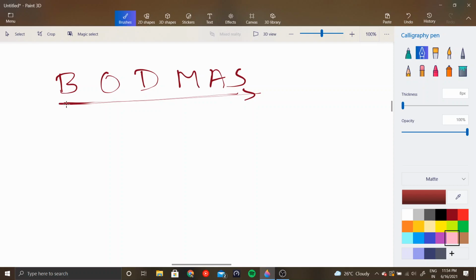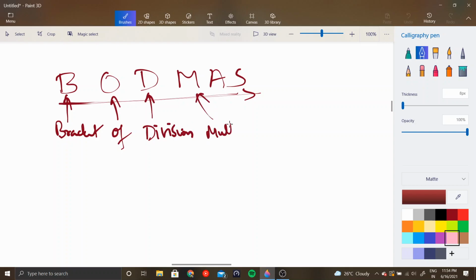So B comes first. B stands for bracket. O is for "of", multiplication basically, inside the bracket. Then you have division, you have multiplication, you have addition, and you have subtraction, right?